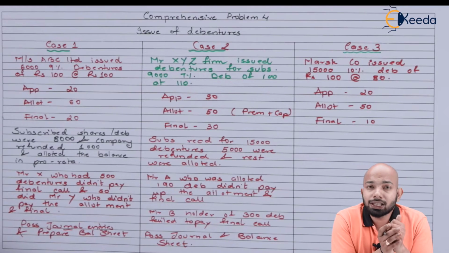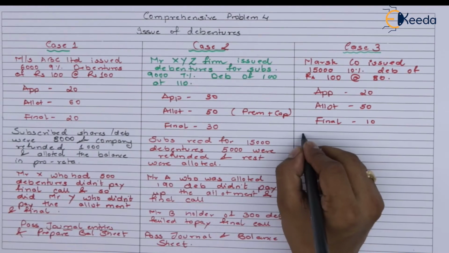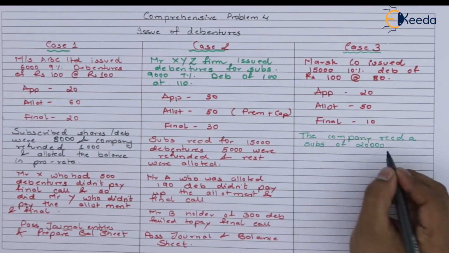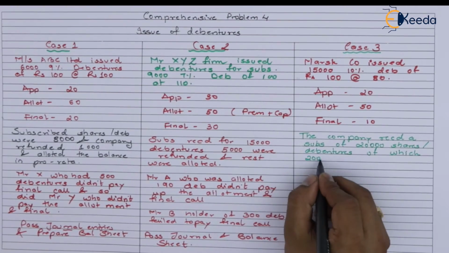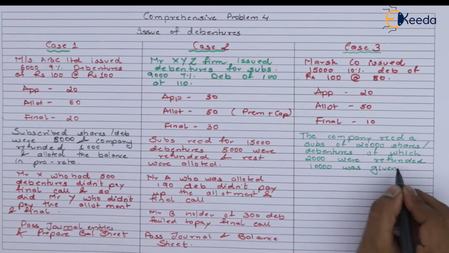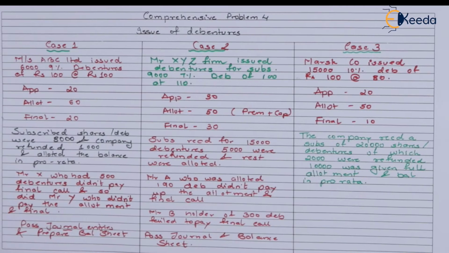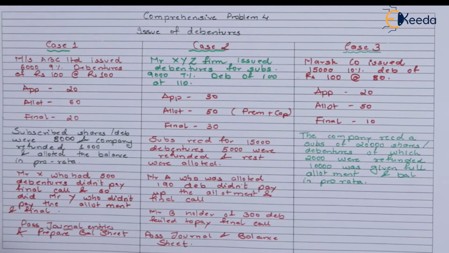Now, let's figure out the subscriptions. The company received a subscription of 20,000 debentures, of which the company went ahead and refunded 2,000 debentures here.